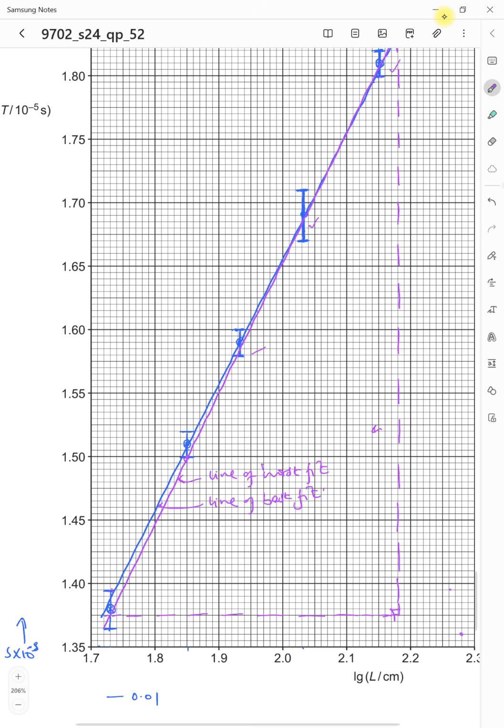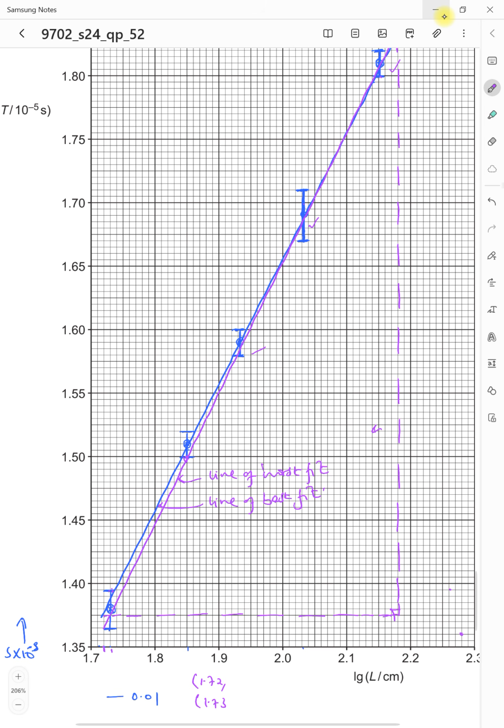So down here, I have this value here, and I have this one for the best fit. So for the gradient, for the best fit we have the values at this point. The x value for best fit is 1.72, and the x value for the worst fit is 1.73.